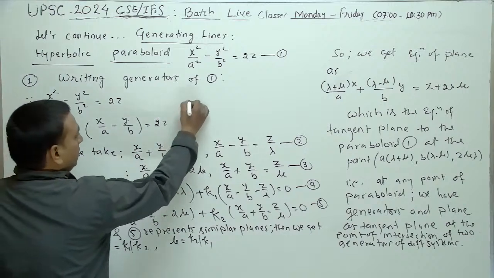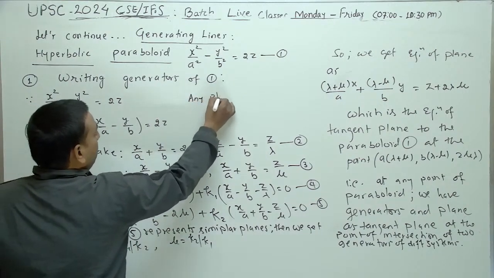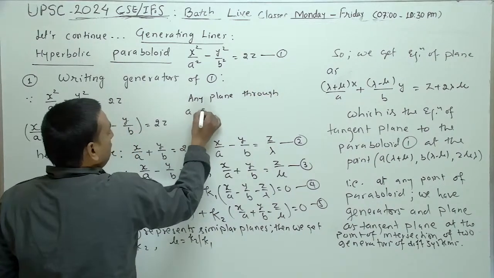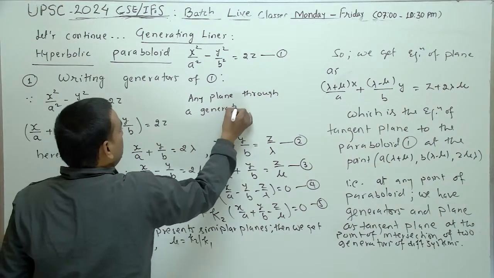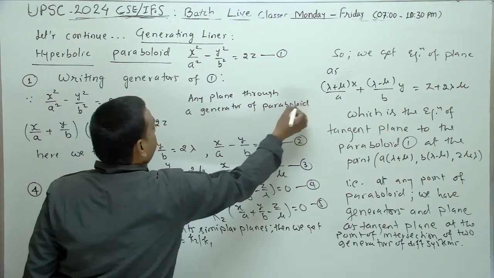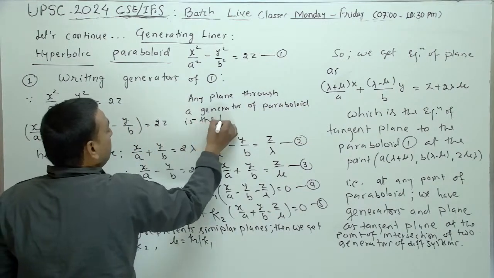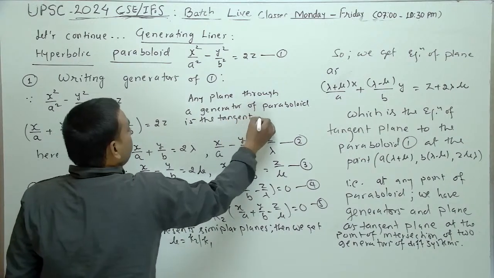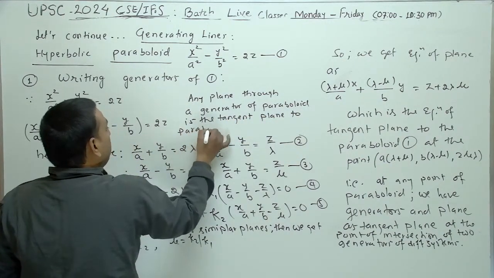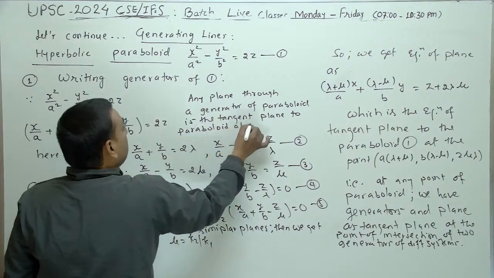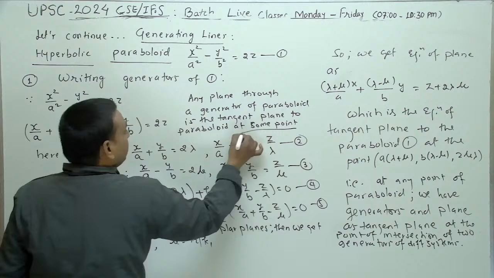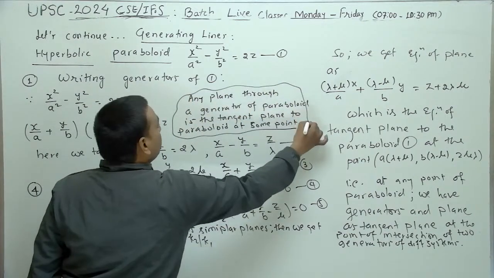So this property you are considering: any plane through a generator of the paraboloid is the tangent plane to the paraboloid at some point. That is the literal meaning of this property.